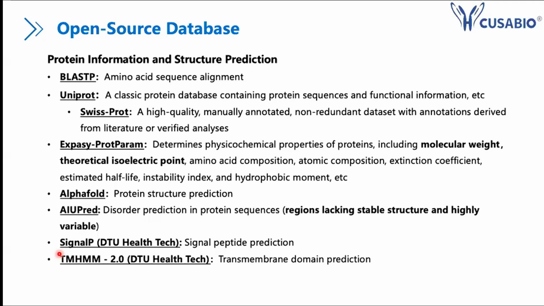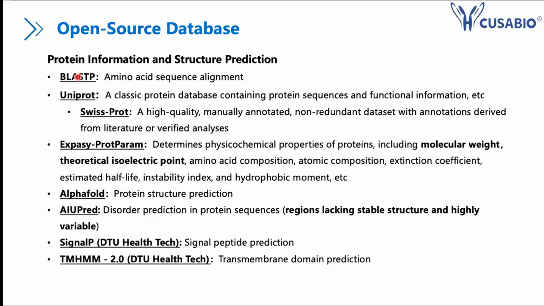So one preparation is to use databases to get protein information and also to perform protein structure prediction. These databases are strong because they collect, organize, and store a large amount of protein data. The common information will be protein sequence, protein structure, protein function, and protein-protein interactions.